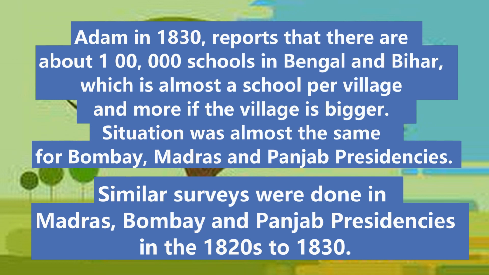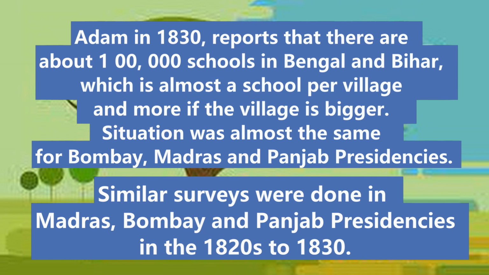And there he found that they had more than 100,000 schools operating, which means almost one per village, and more than one if it was a larger village. And then they did similar surveys in the 1820s in the Bombay presidency, and surveys were also done in the Madras presidency between 1822 to 25, and in the Punjab presidency.